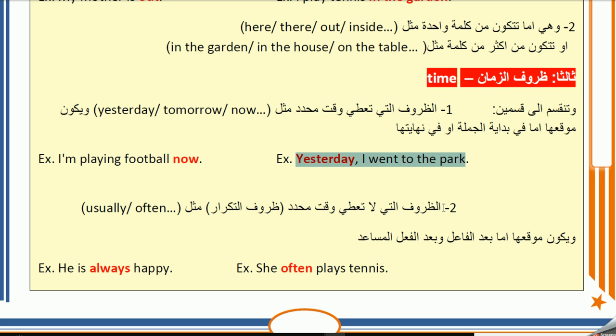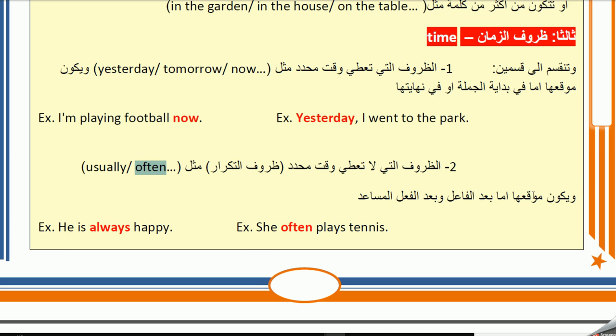Number two, adverbs of time that don't give definite time, for example, usually, often.